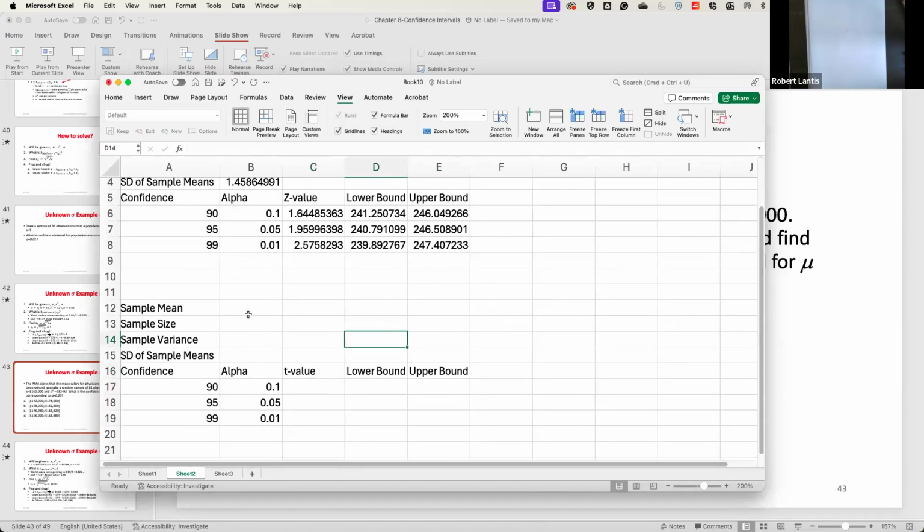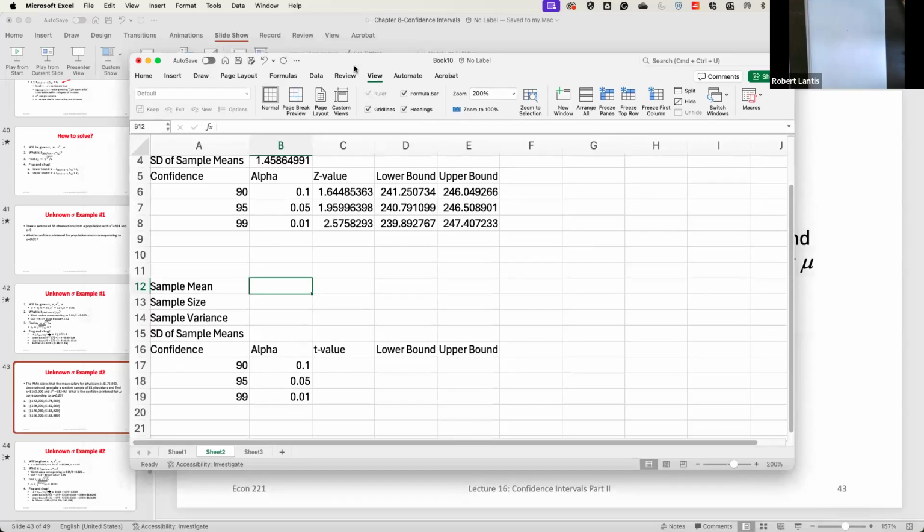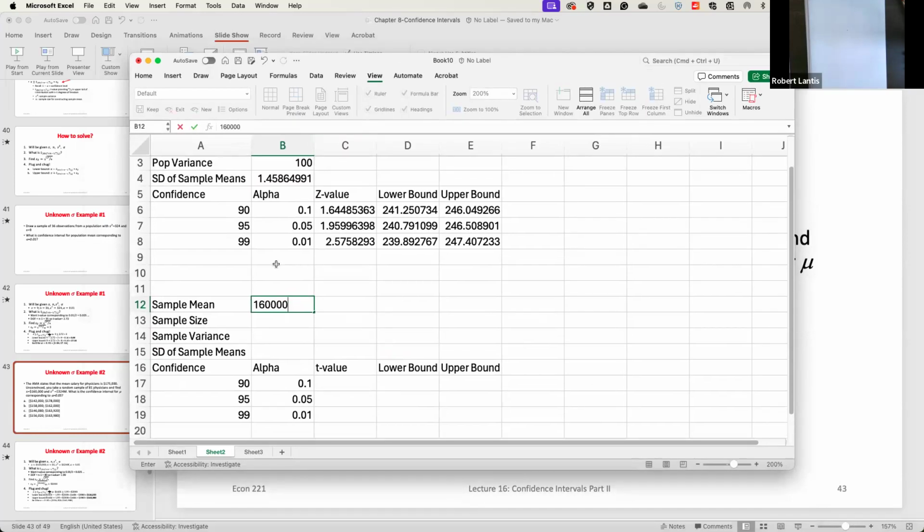So the sample mean that we found was 160,000. Sample size was 81 physicians. And 324 million was our sample variance. So just looking at how high this variance is, what's probably going to be true about the range of our confidence interval?